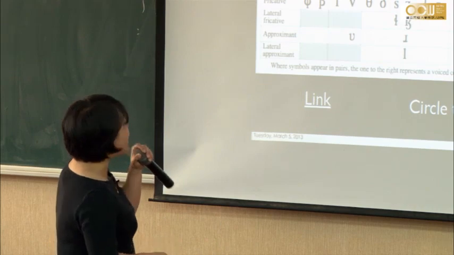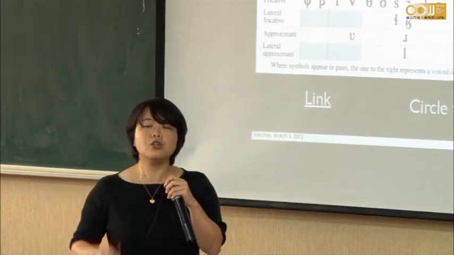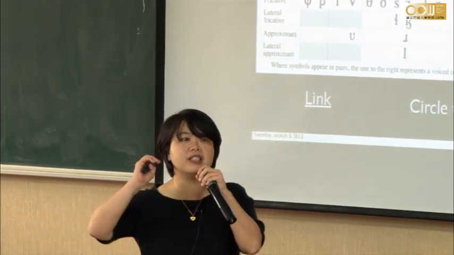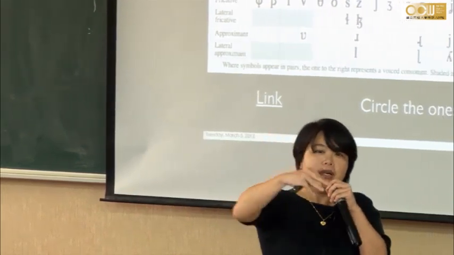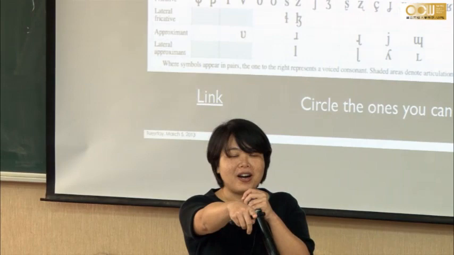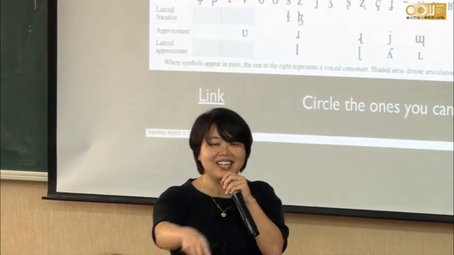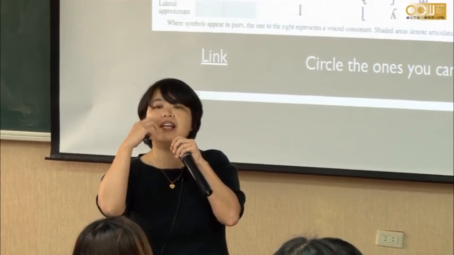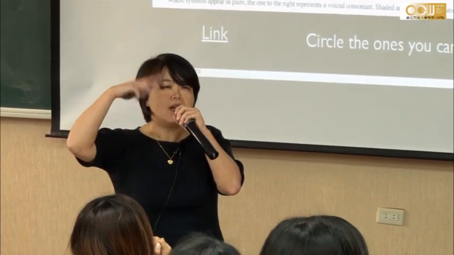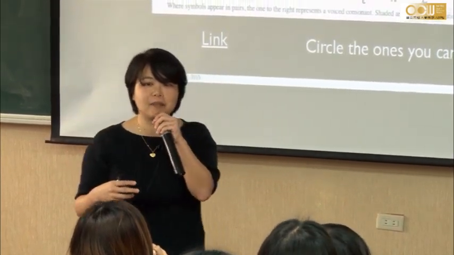Who can do a bilabial trill? The definition of trill is you have air rushing out from your lungs and you keep vibrating some part of your mouth. Let's do it. Just have the air coming out and you do the bilabial, you make both of your lips vibrate very quickly.